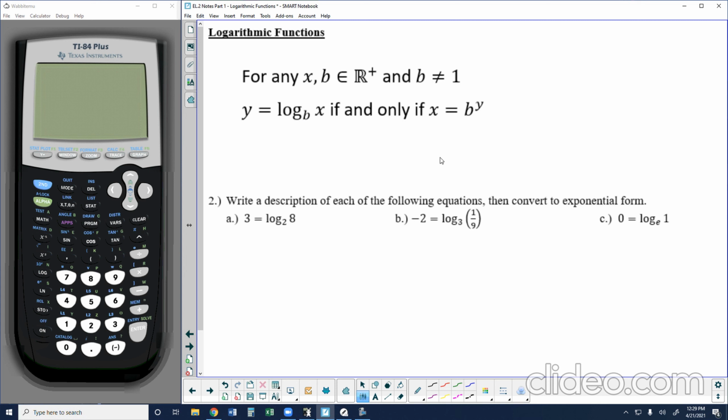So what we see here is some of the same pieces in our logarithmic equation that we see in our exponential equation. The base stays as the same number.